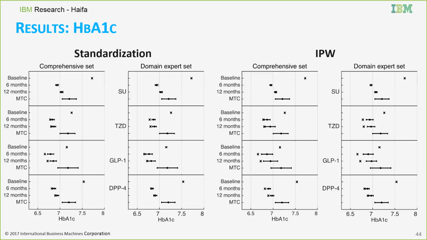We think the reason for this is that the meta-analysis combines data from multiple clinical trials that follow the patients for more than just 6 to 12 months, and therefore the level of hemoglobin A1C increased later on, and that's the reason we have this difference.